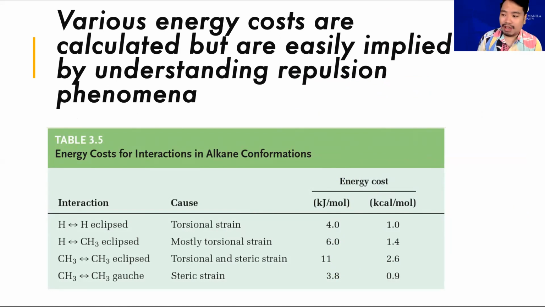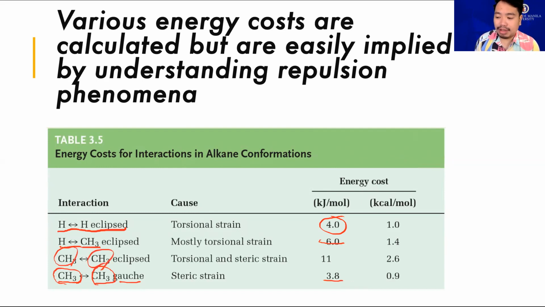For example, if you have a Newman projection with two hydrogens eclipsed, you count that as 4 kilojoules per mole. If a hydrogen and a methyl group are eclipsed, that will cost you 6. If you have two CH3 groups gauche staggered from each other, that will cost you 3.8. And if you have two CH3 groups eclipsed together, that will cost you 11 kilojoules per mole.